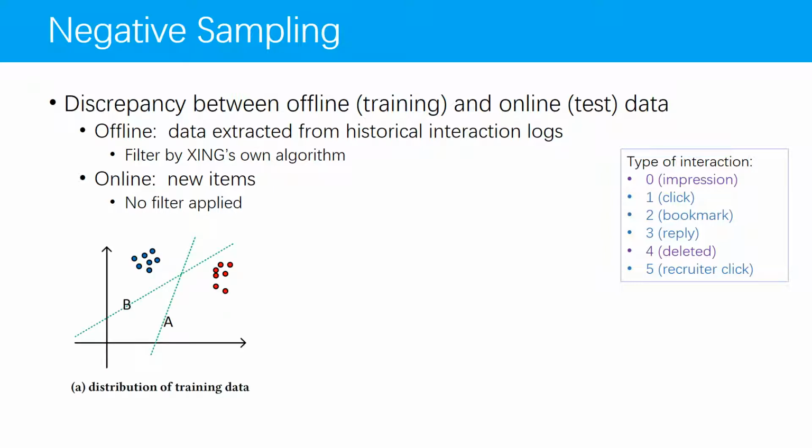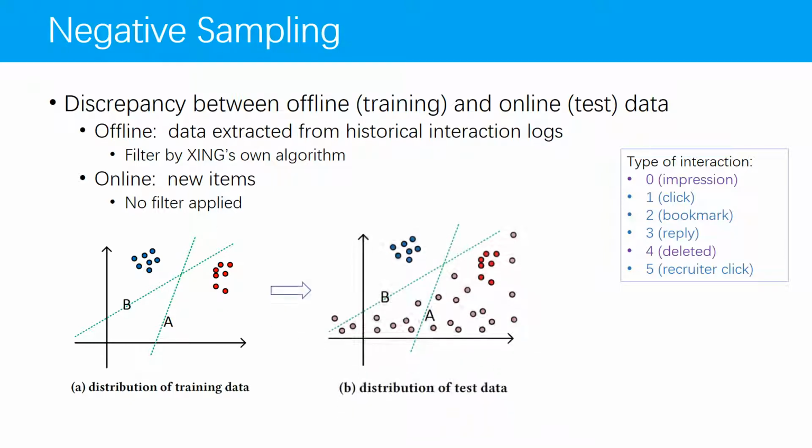Let's look at a quick example. The figure shows the data distribution of the training set, and red points indicate the negative instances. As we prefer a classifier which produces bigger margins, we will choose classifier A rather than B as our discriminative hyperplane. However, this training set is built after we applied a filter which removed many noise data points.